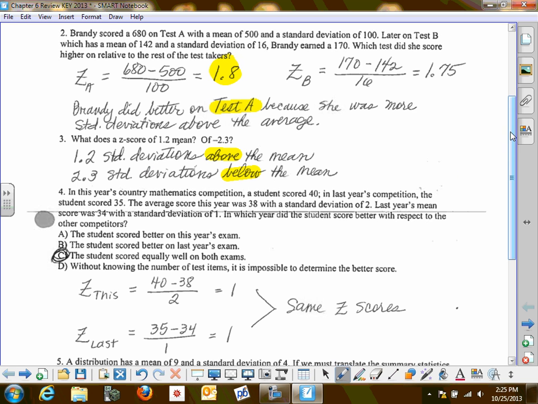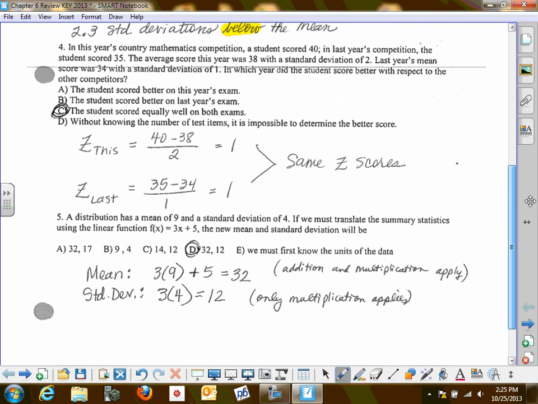Now, I like this number 4. It's a neat way to think. If I was, say, the sponsor for a math team and we went to some competitions, going to a contest. So suppose that this year my students averaged 40 on this particular math test, and last year they averaged 35.